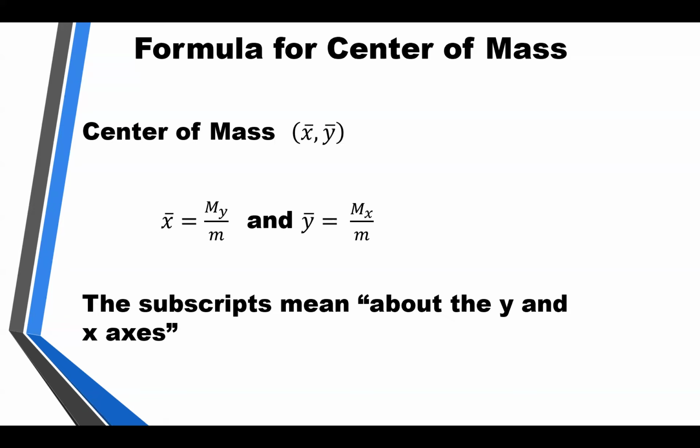And so whether I have a constant thickness steel plate, or a wood plate of the exact same shape, or a styrofoam plate of the exact same shape, the center of mass, or the centroid, is going to balance at the same point.